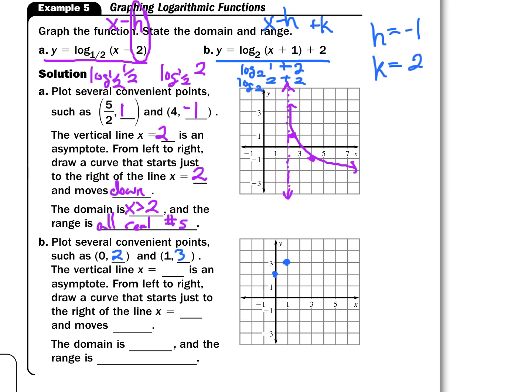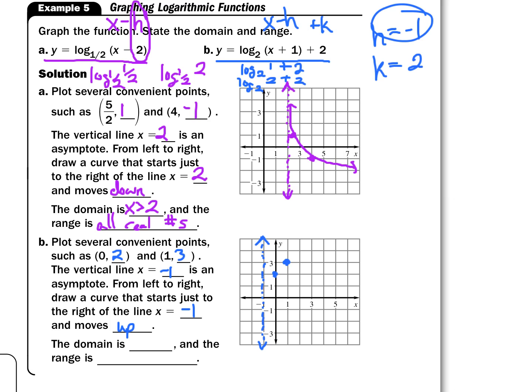Okay. My vertical line is at x equals h. My h is -1. So x equals -1 is my vertical asymptote. Okay. And then from left to right, I draw a curve, starts just to the right of the line x equals -1, and moves up.